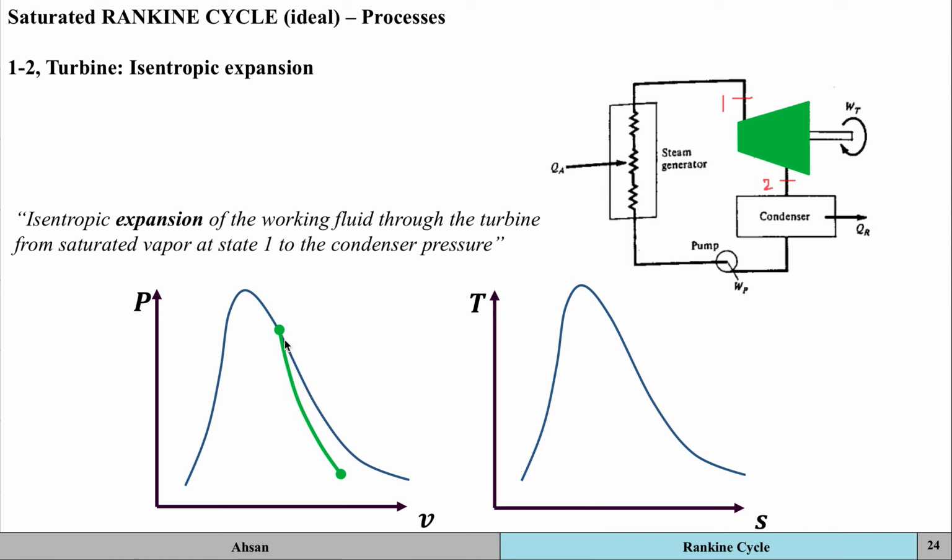And from here, because it's adiabatic, it's going to have a steeper slope. It's going to move down to the temperature of the condenser, okay? Just like that. On the TS diagram, from state 1 to 2, you're going to move vertically down because it's an isentropic expansion, and you're going to arrive at state 2 over here at the condenser temperature.